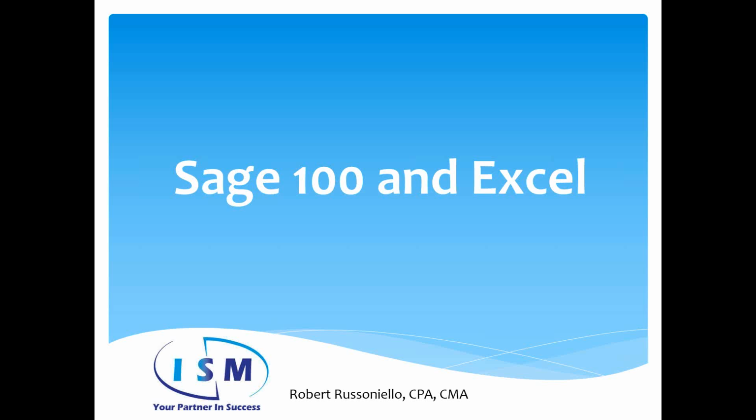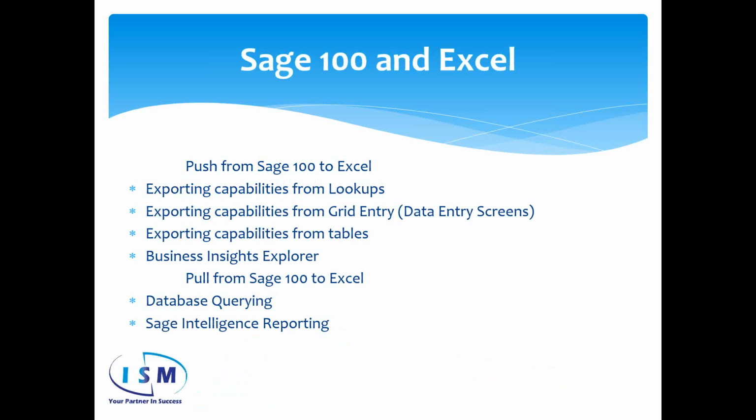Excellent. Great. So, we had a good response to our last Excel webinar, so we decided to hold another one. And what I'm going to cover is the way Sage 100 interfaces with Excel. I've noted there's two possibilities for getting information from Sage 100 to Excel.